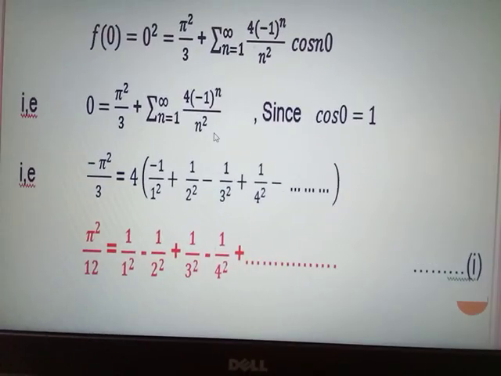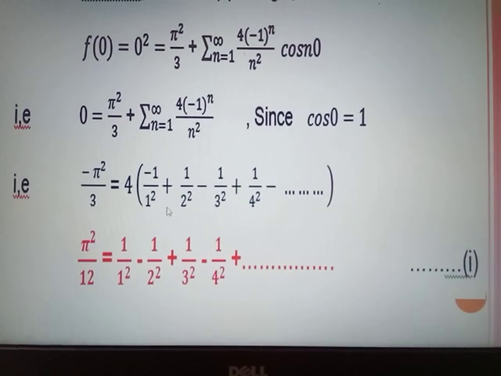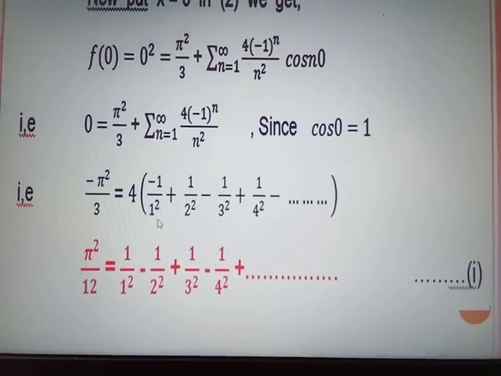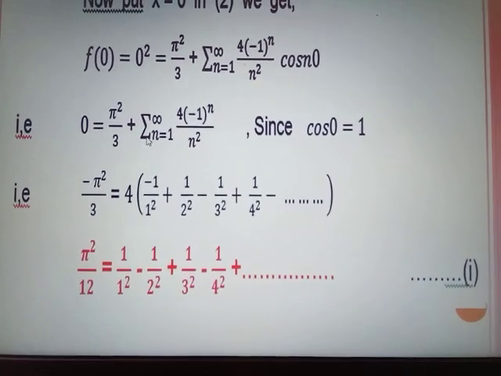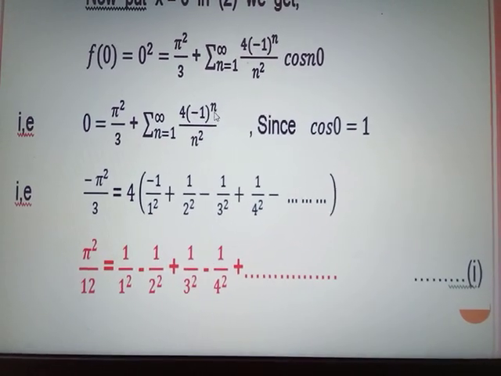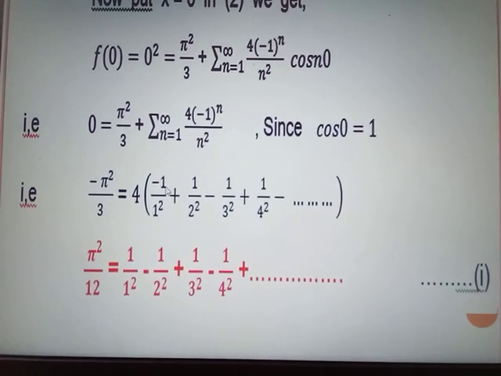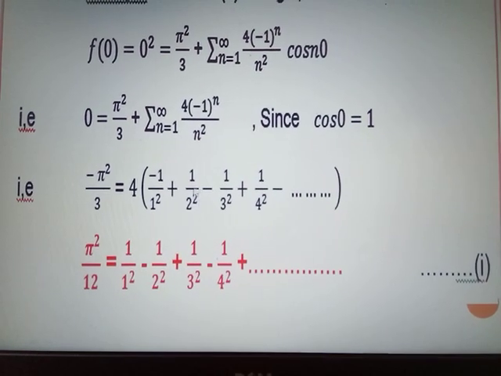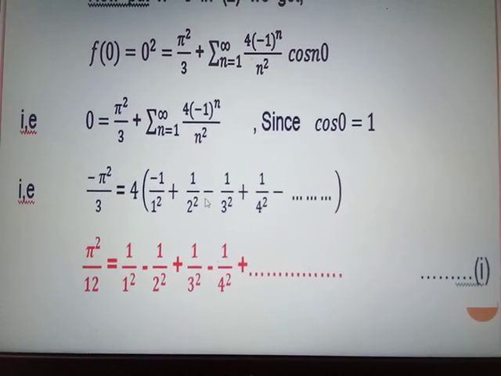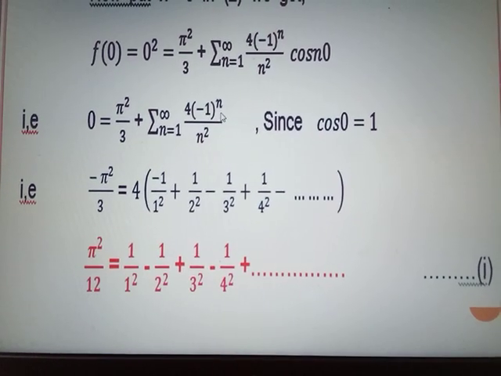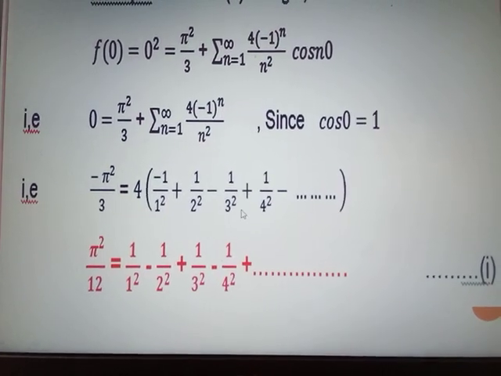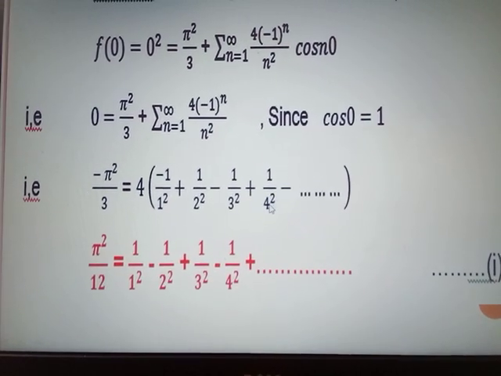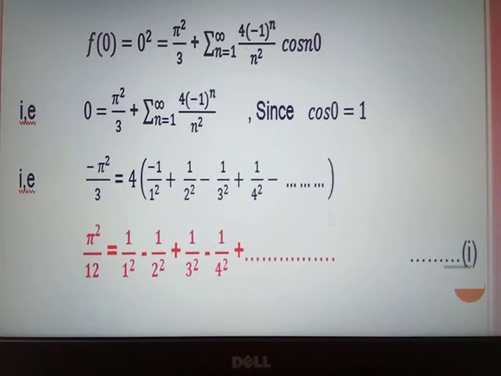For minus 1 raised to n by n square, in this summation we get minus 1 by 1 square, because we substitute the first n value as 1. Next apply n as 2, we get 1 divided by 2 square, then apply n as 3, it will be minus 1 by 3 square, plus 1 by 4 square, and so on.